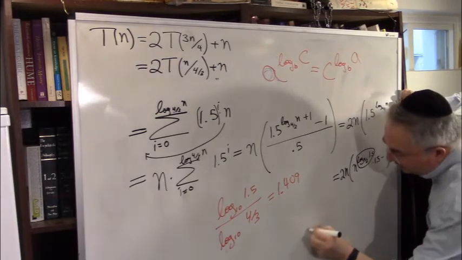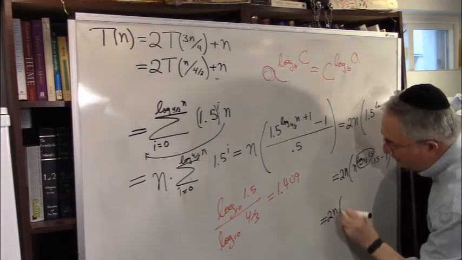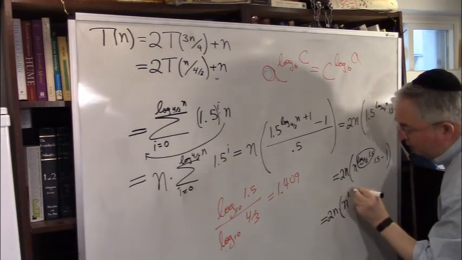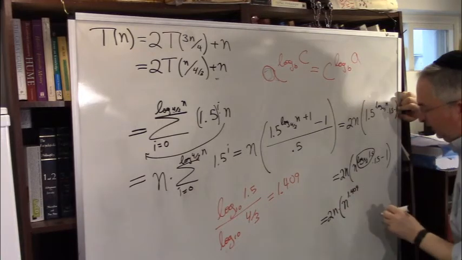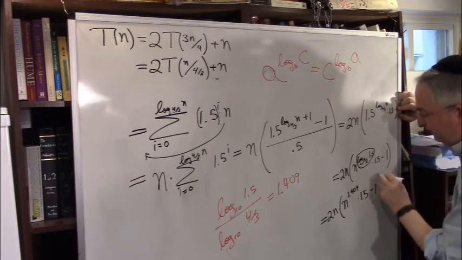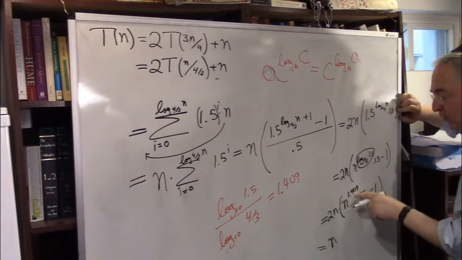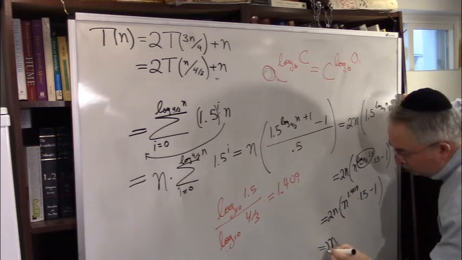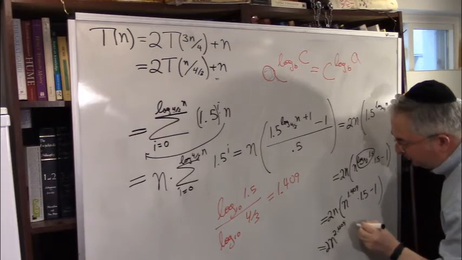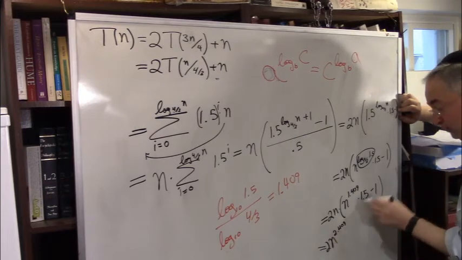So this is equal to 2n times n to the 1.409, times 1.5 minus 1. So this is equal to 2 times 1.5 times n to the 2.409, minus 2 times n. What's 2 times 1.5?